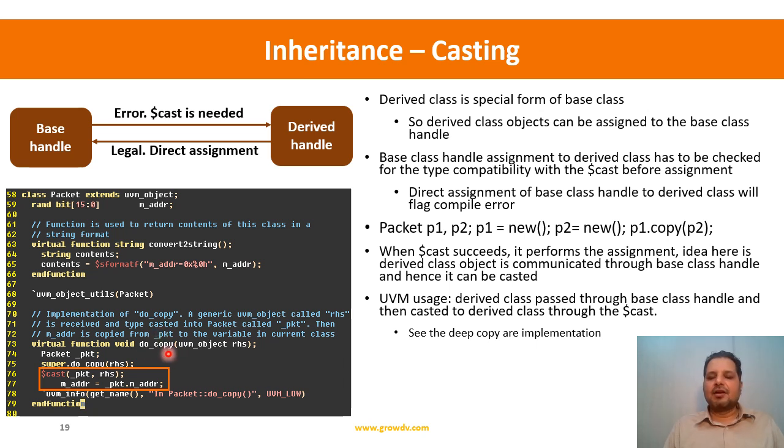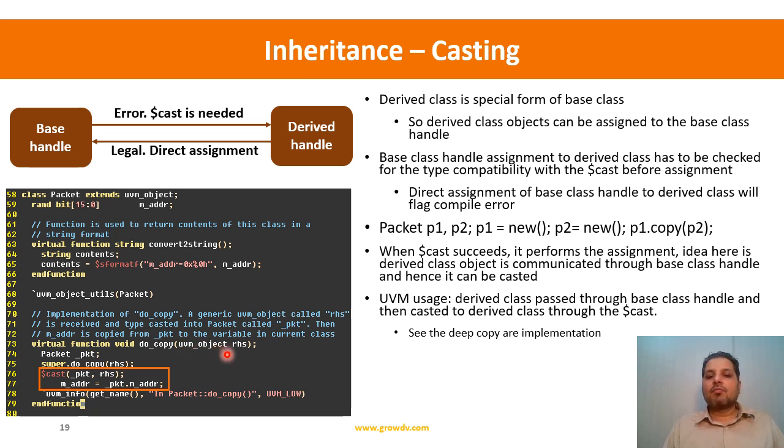When that invokes do_copy, this is where you need to pay attention. This is the deep copy function that I am implementing for the object of the type packet. So I am declaring one handle of the type packet, called packet_packet. But because this function declaration was provided in the base class, the object handle is of the base class type.